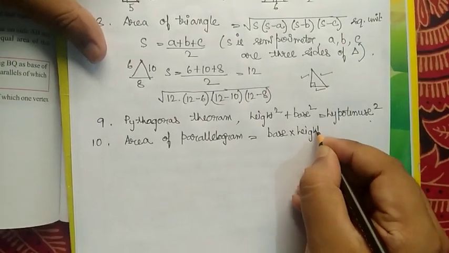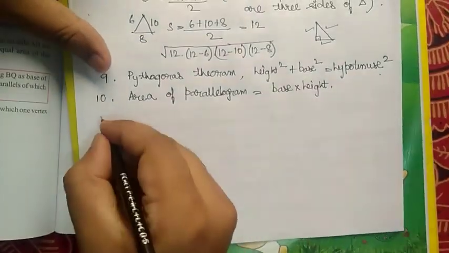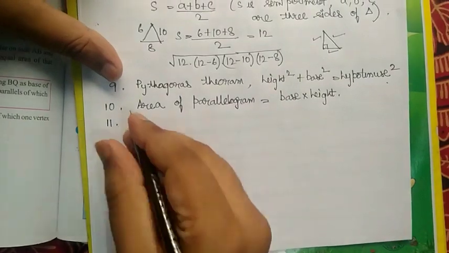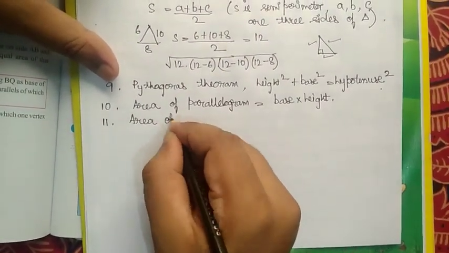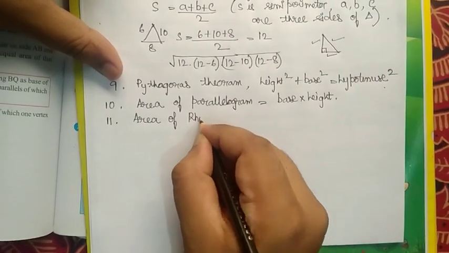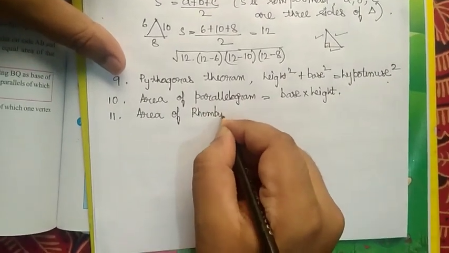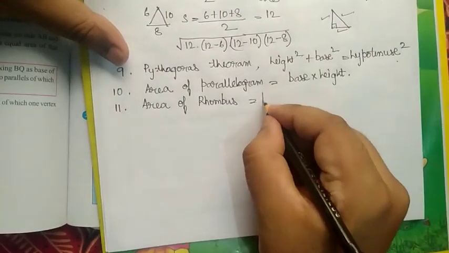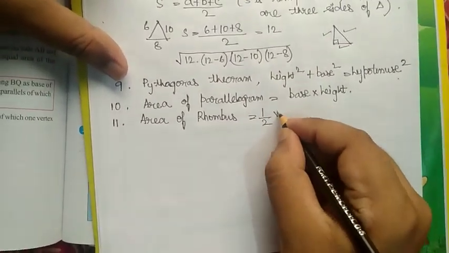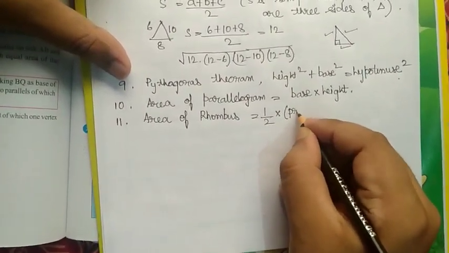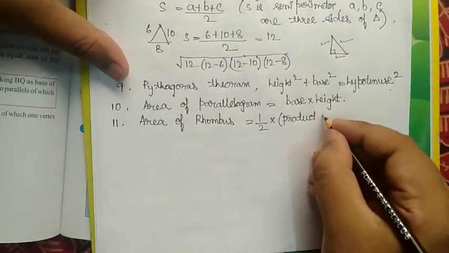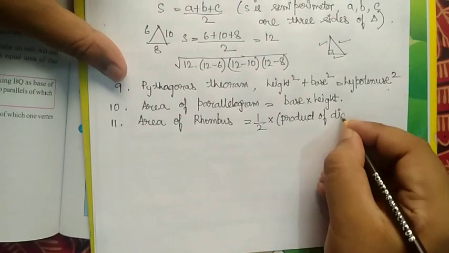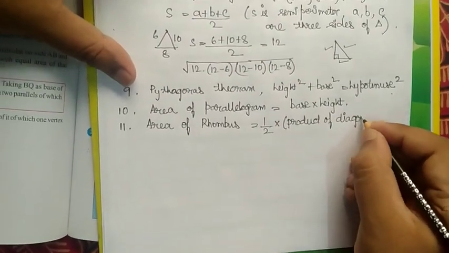After that, area of rhombus equal to half into product of the diagonals.